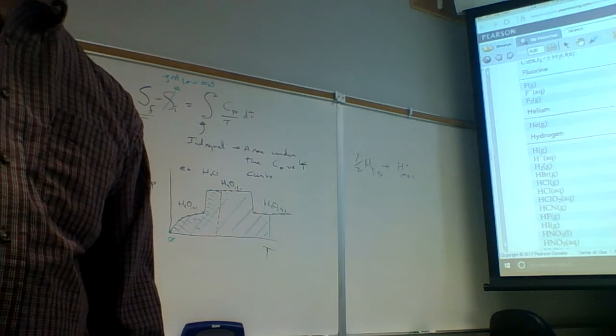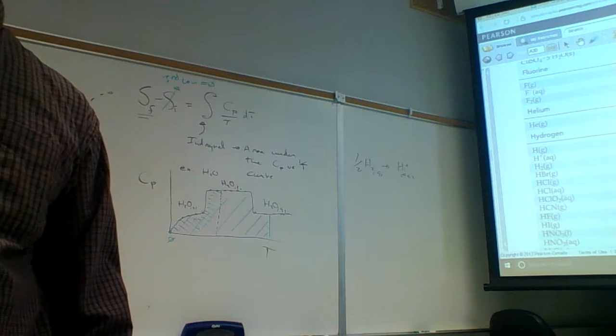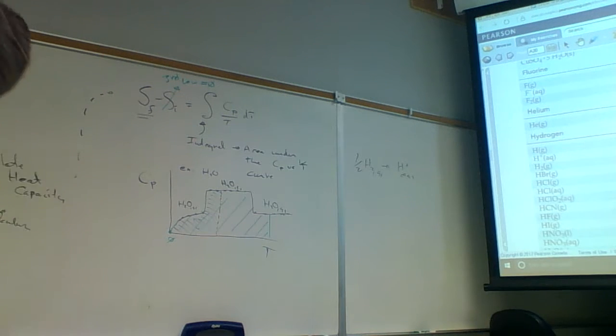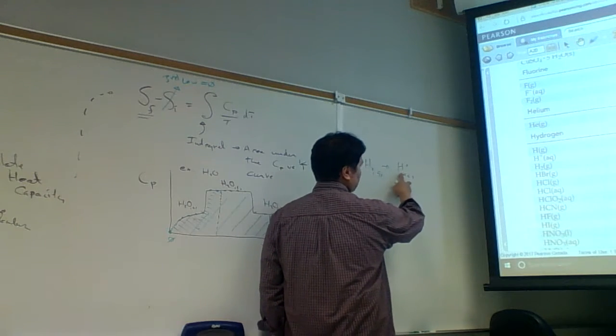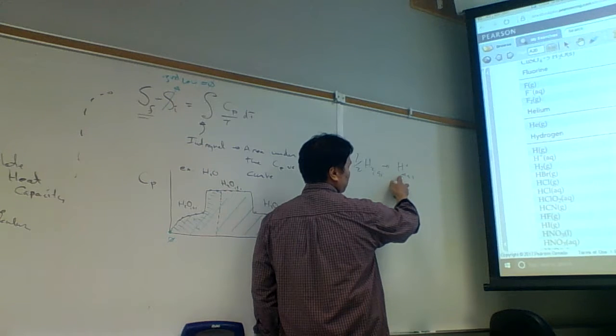These ion dipole attractions form a structure in which the ion is surrounded by a sphere of water molecules. That's called a hydration sphere or a solvation sphere. So we have a solvated ion. The solvated ion, because of the ion dipole attractions, is going to help stabilize the hydrogen ion or hydronium ion.